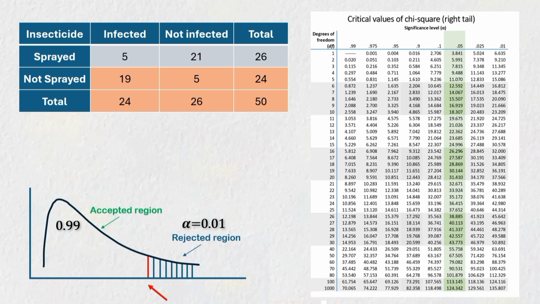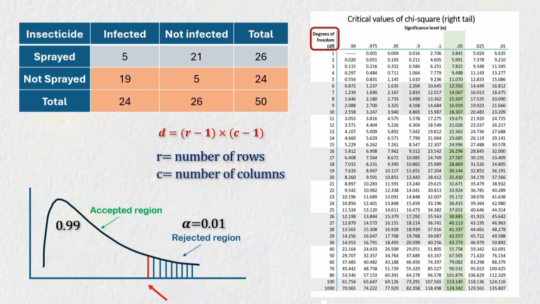To find values, we need to determine the degrees of freedom, which is r minus 1 times c minus 1, where r is the number of rows and c is the number of columns. For this table, the number of rows is 2 and the number of columns is 2.